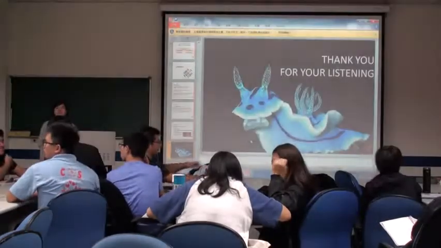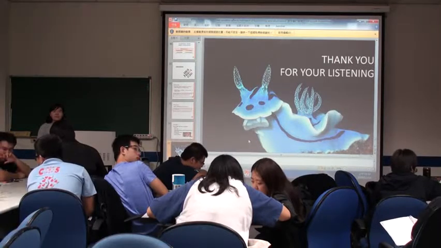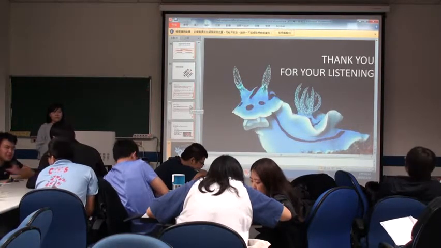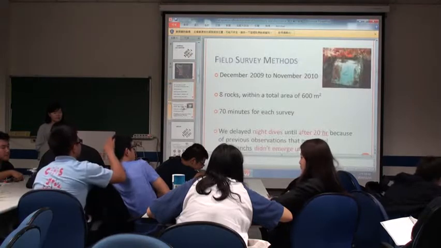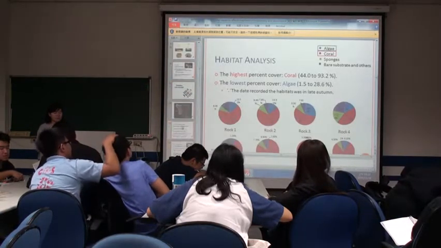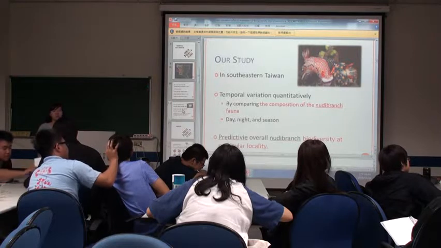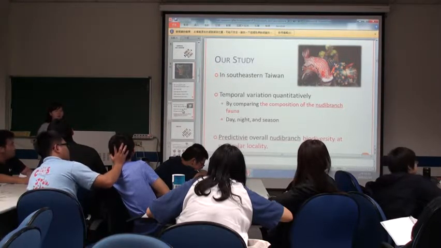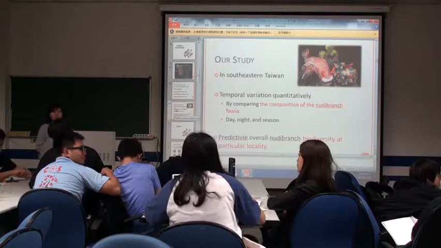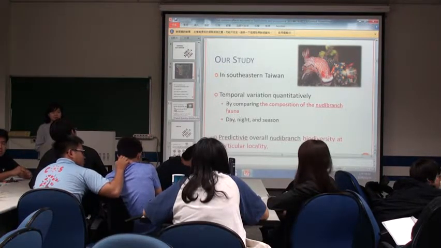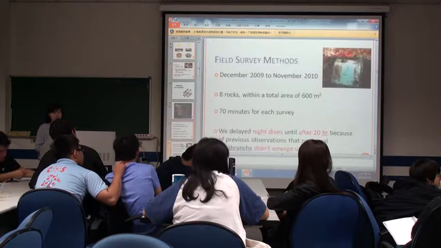Okay. You have mentioned that you have chosen 54 species in the materials and methods, so I want to know how many in total.